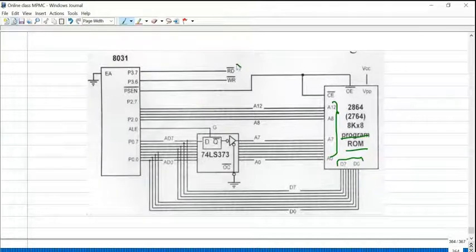Read bar and write bar are not in use. Now the program store enable comes into the picture. Whenever you connect ROM memory, external access, EA bar, should be 0. And program store enable is connected with the chip enable as well as the output enable. This is the interfacing diagram for ROM with the microcontroller.